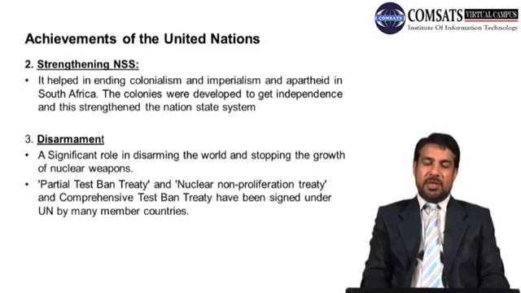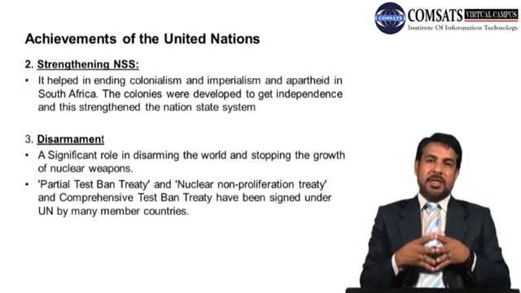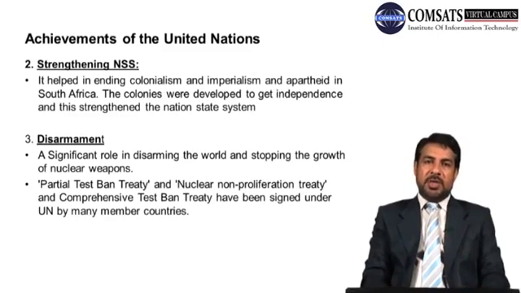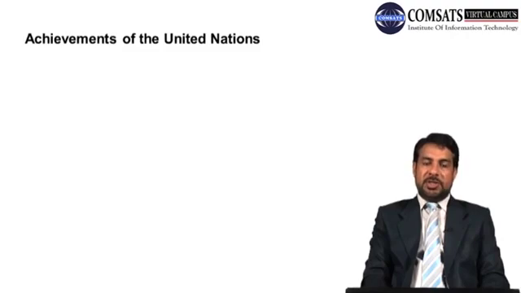So we see treaties like the Partial Test Ban Treaty, Nuclear Non-Proliferation Treaty, Comprehensive Test Ban Treaty और इस तरह बहुत से treaties हैं जिसको हम discuss करेंगे. So all these efforts were coming from the UN from time to time, and as a result the states that had acquired sophisticated weapons, जिनके पास मोहलिक हथियार थे, तो उन्होंने उसमें तखफीफ की, कमी किया और उसकी प्रोडक्शन को बाकायदा रोक दिया. As a result we witnessed the world turning into a safer place. So this was again a very great achievement of the United Nations.